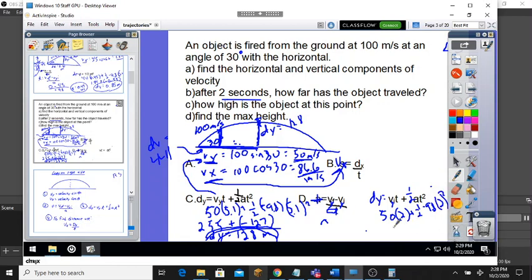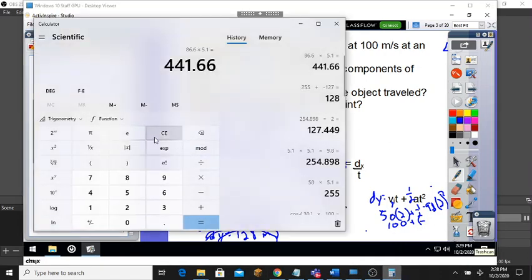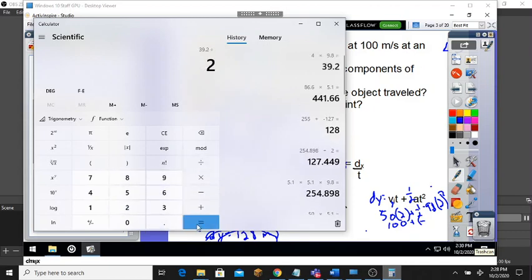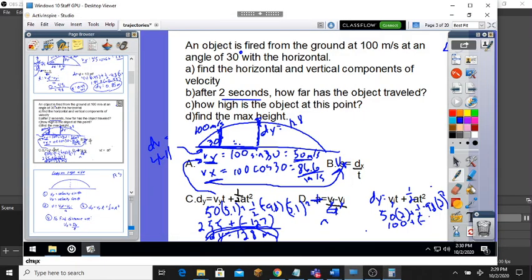So here, let me try solving this for you. 50 times 2 is 100 plus 2 squared is 4 times 9.8 divided by 2 gives me negative 19.6, because the a should be negative.